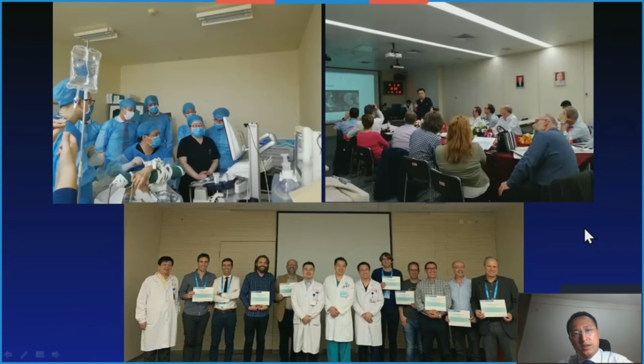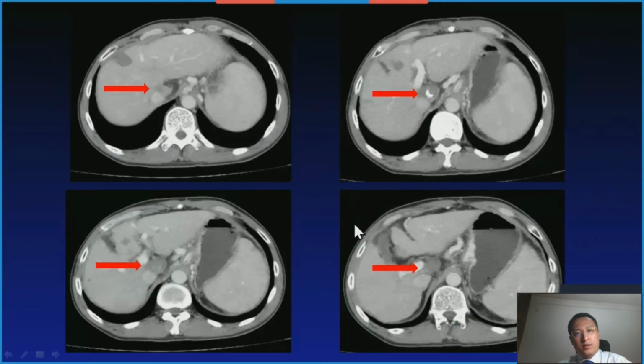We showed this procedure in an international training program last year, and 2 months later, the patient had a contrast enhanced CT. We can see the whole caudate lobe has no enhancement.